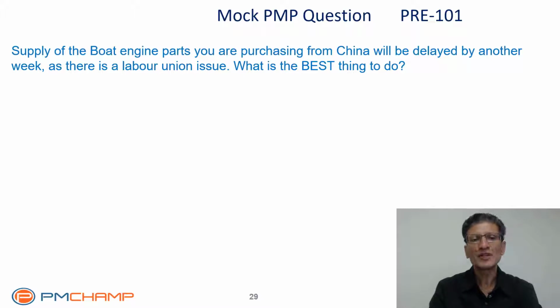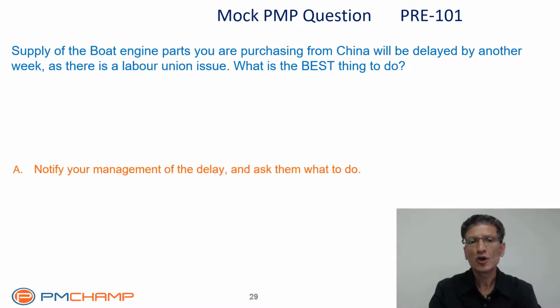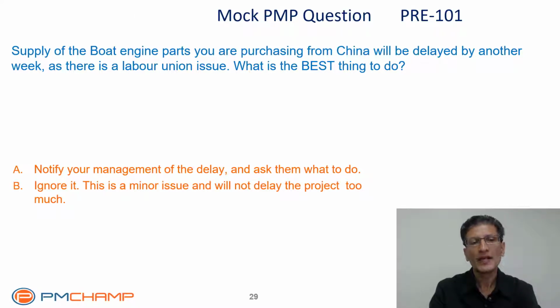Supply of the boat engine parts you are purchasing from China will be delayed by another week as there is a labor union issue. What is the best thing to do? And the choices are A. Notify your management of the delay and ask them what to do. B. Ignore it.